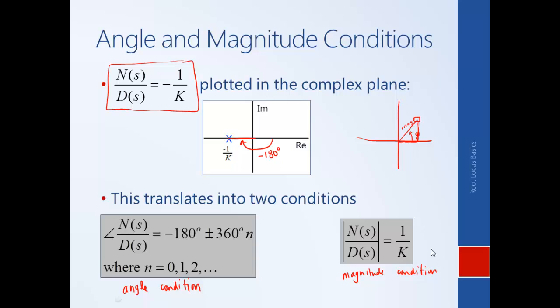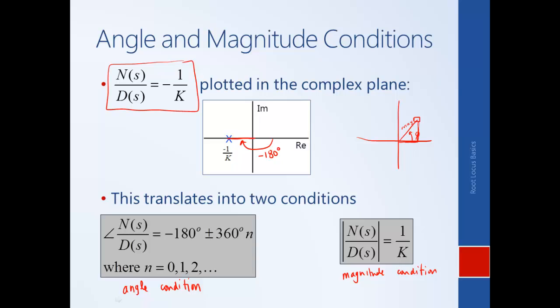Where the magnitude of the left-hand side for some value of s needs to equal the magnitude of the right-hand side, where the magnitude of the right-hand side is just 1 over k. These two conditions form the basis of all of the rules that we will develop for drawing the root locus.